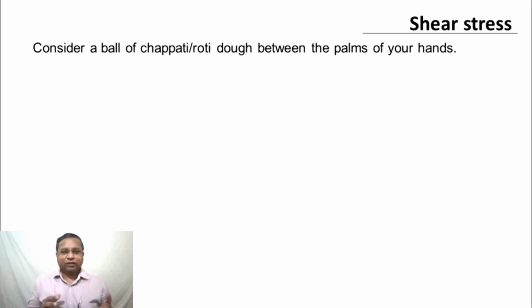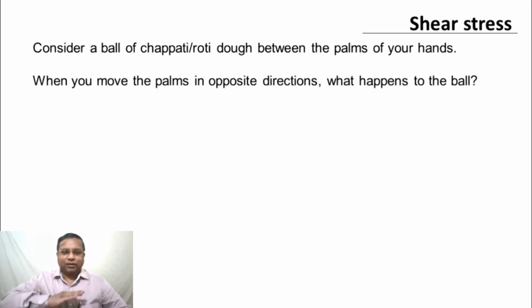Let us take a ball of chapati dough, roti dough, and place that dough ball between the palms of your hands, something like this. And then when we slightly press and move the palms in opposite directions, what happens to the ball?